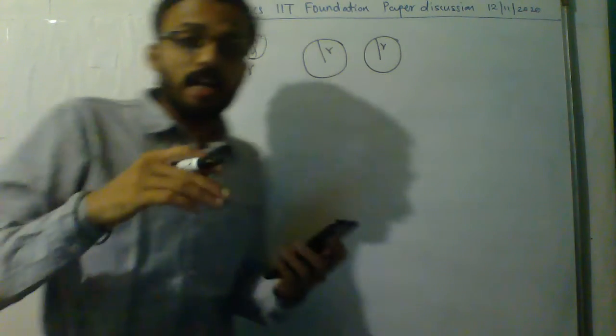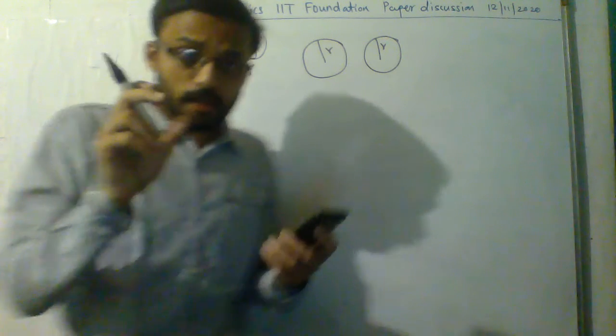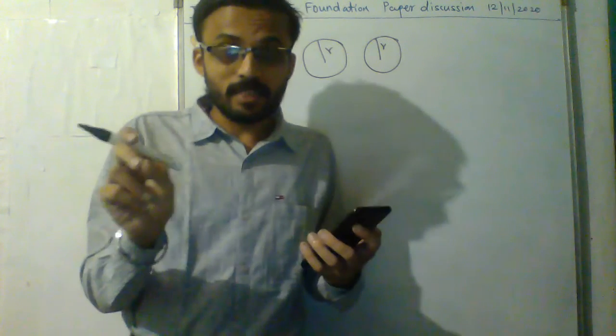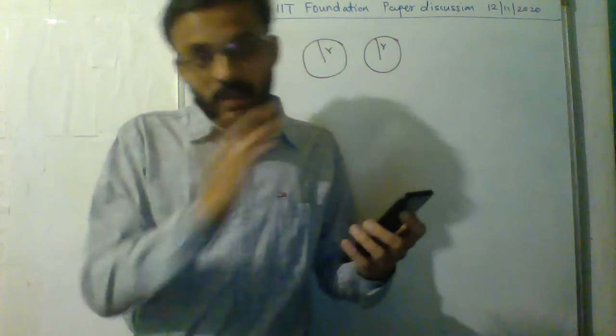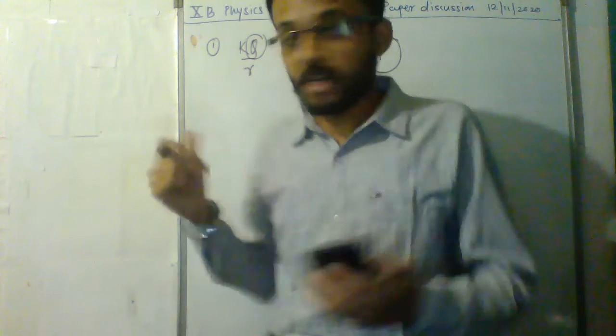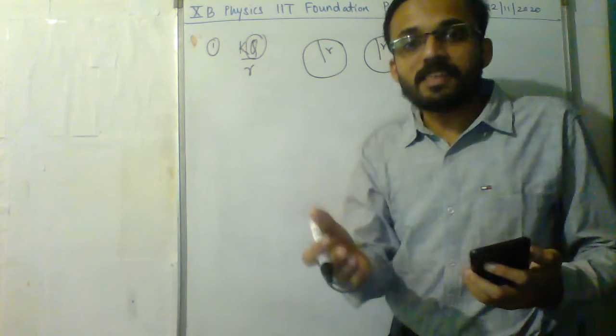Now you will ask me, sir, how is minus 5 there with minus 16? On the number line, as you do in algebra, minus 5 will be more than minus 16. So that minus 5 will be taken as the greater one. And why this happens?